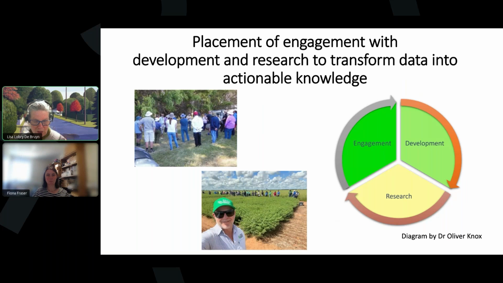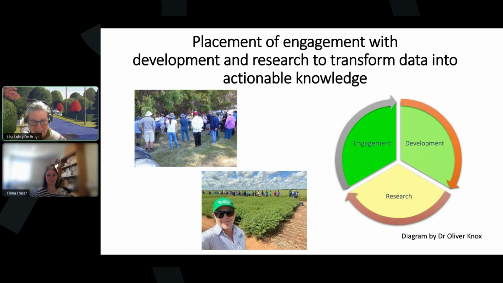I wanted to also raise, where do we place human capital to ensure more engagement and investment in sustainable soil management? We often place engagement at the end of a research project after we've developed the ideas. And these images may be familiar to many of us, where we take our research and present it to an interested public or community.